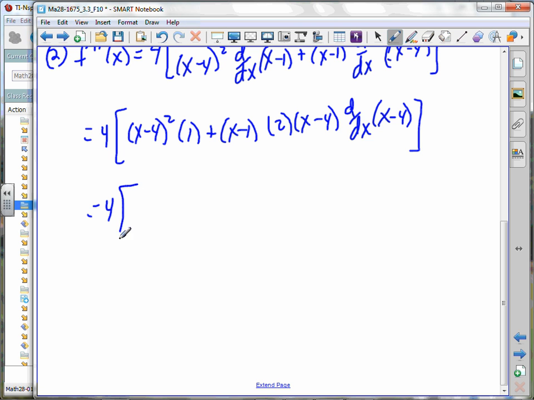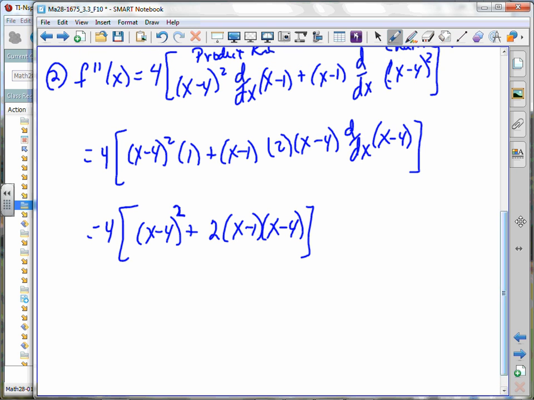Okay, so I've got 4, and this is x minus 4 quantity squared, plus 2 times x minus 1 times x minus 4 times 1. I'm going to opt not to put that in.